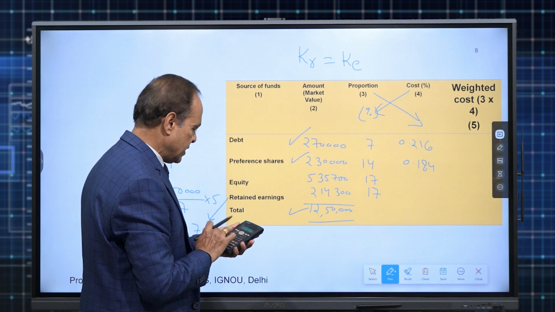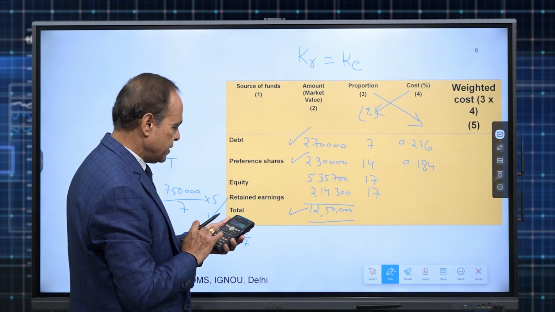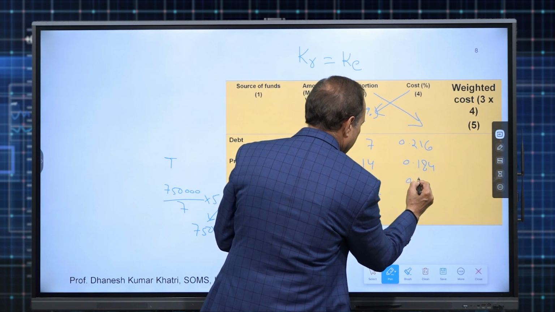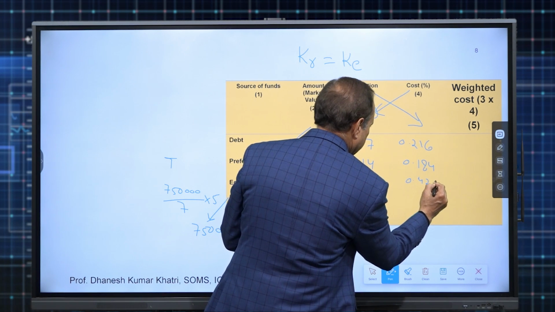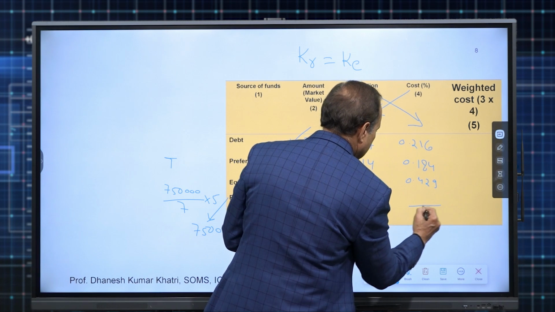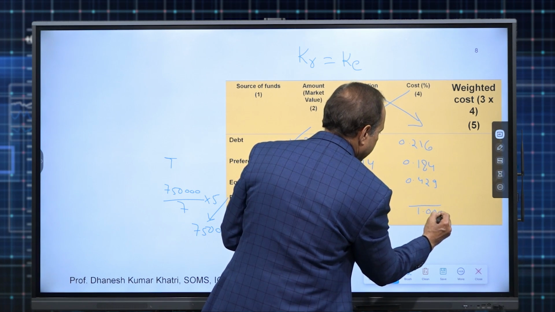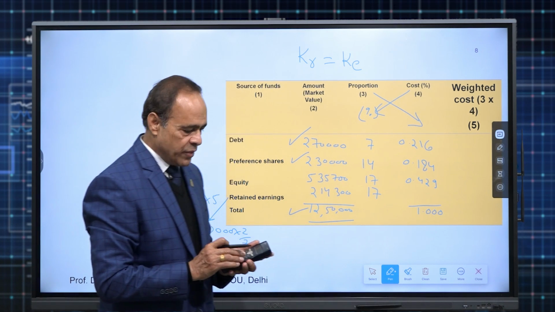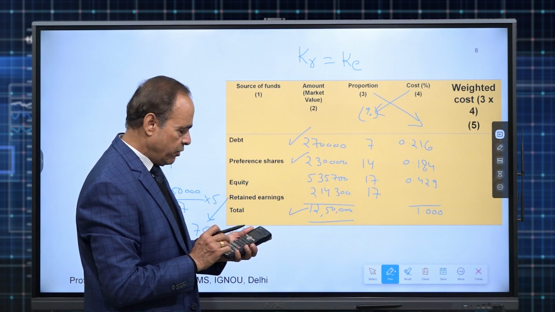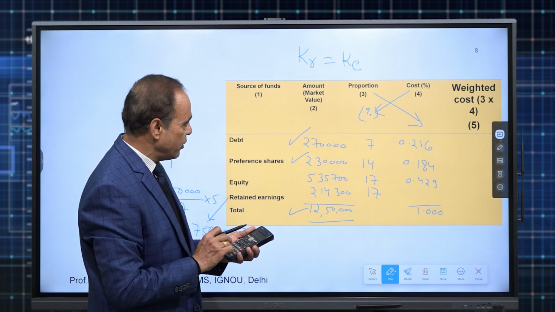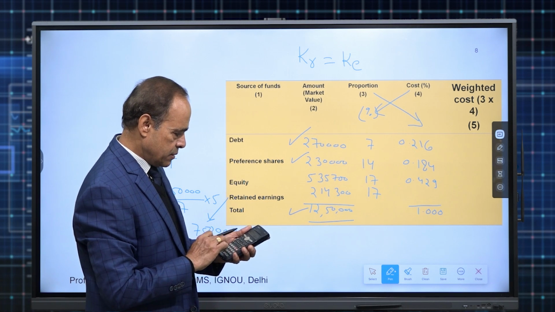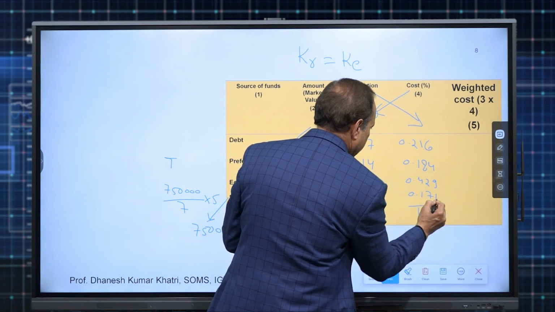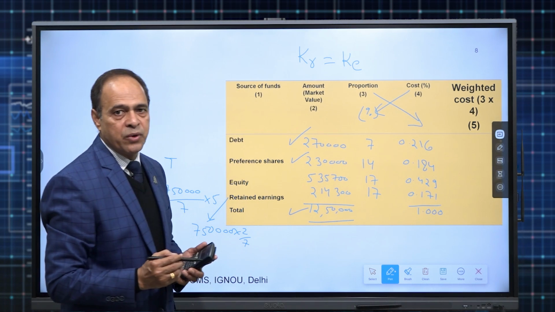Then 5,35,700 divided by 12,50,000 gives 0.429. And lastly, since we have to make it equal to 1, by the law of exclusion, we can sum up these and deduct from 1, so that approximation is taken care of. So it is 0.171. You can verify the total, it will add up to 1.